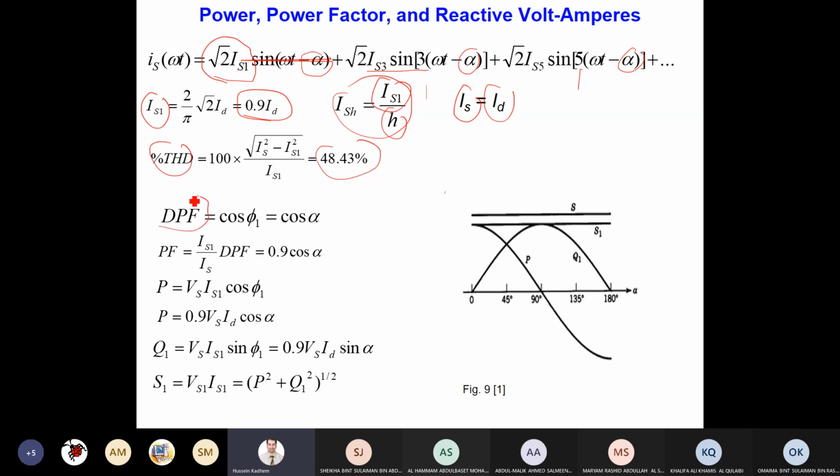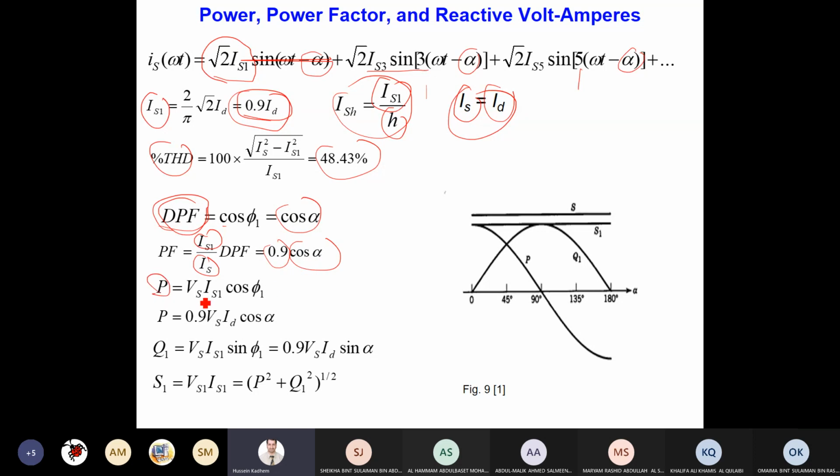Now, the displacement power factor, which is cosine phi, is cosine alpha. The phase shift between current and voltage is alpha, so cosine alpha represents the displacement power factor. If I divide IS1, which is 0.9 ID, over ID, which is IS, then we get 0.9 cosine alpha.